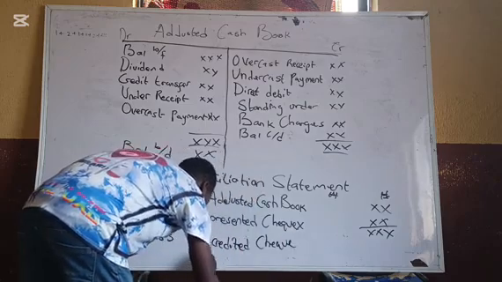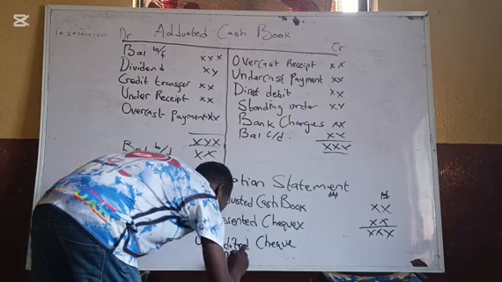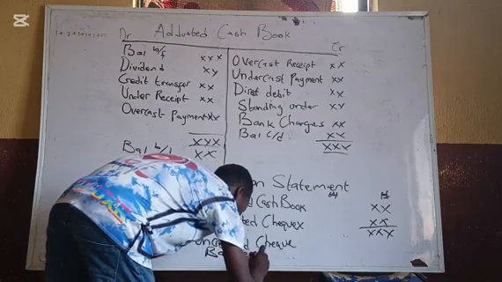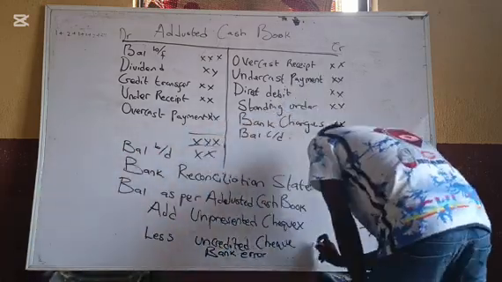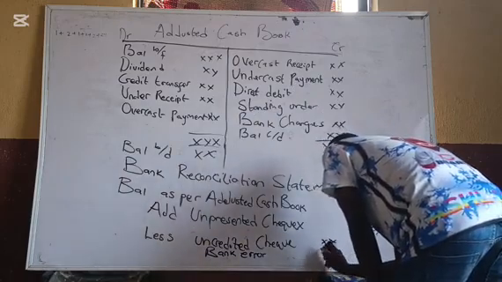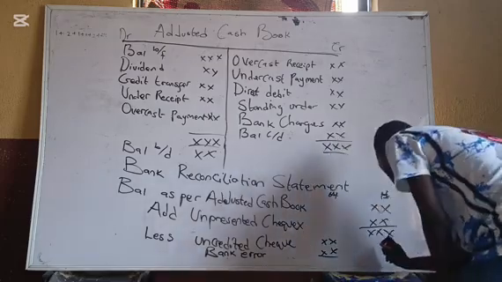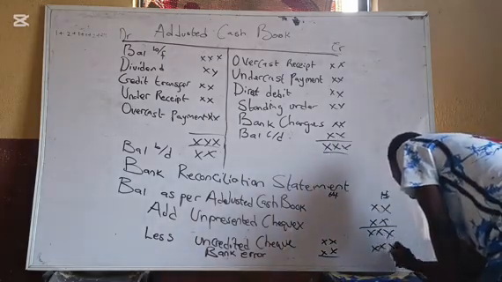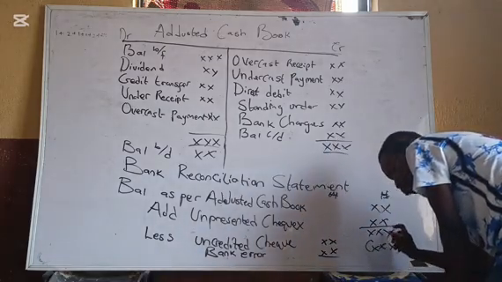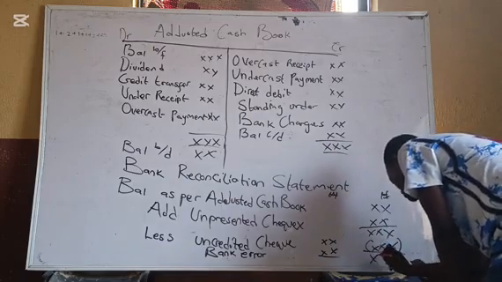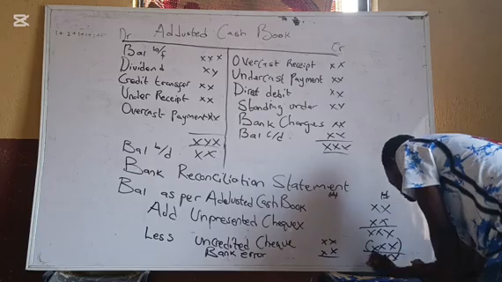And we have bank error. So the amount of these two will be added together. It's going to give us a balance here. So we are going to subtract it from this, right? We are going to have our total balance here.